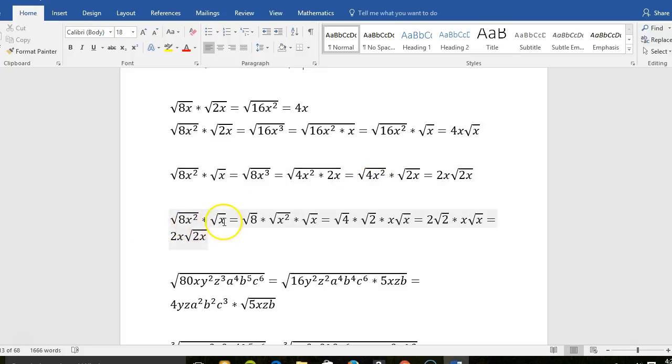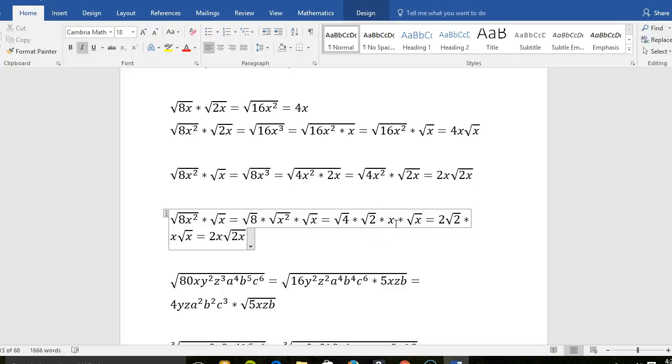Radical 8x squared times radical x, that's radical 8 times radical x squared times radical x. Okay, well, we can break up radical 8. The biggest perfect square that cuts into 8 is 4, so radical 4 times radical 2. And now radical x squared, really what's going on is I've got x times radical x, but I'm just writing it like that, shorthand, okay?